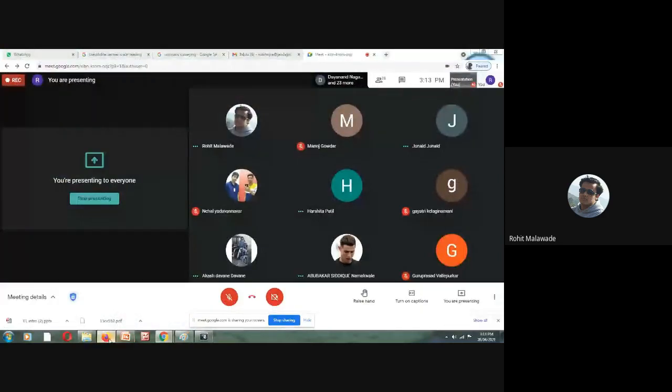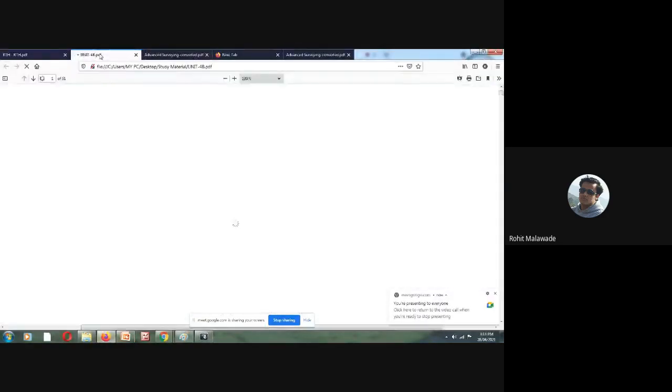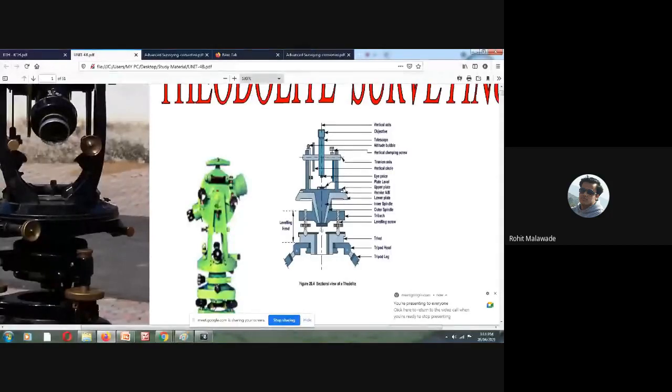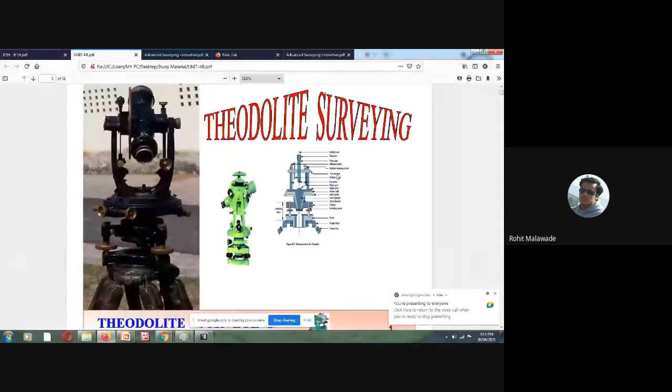Okay, so here I was. This particular instrument may look very complicated to you, but it is a very simple instrument. To understand it, physical presence is also important, because there are many aspects that have to be taught offline.